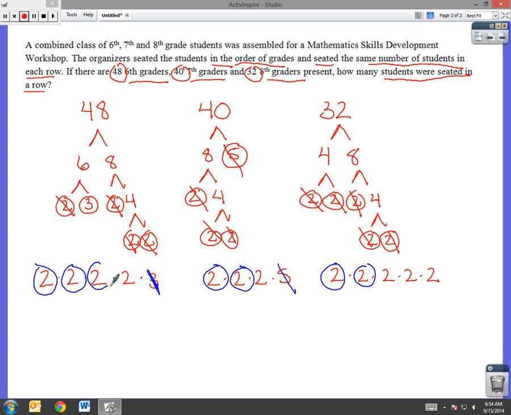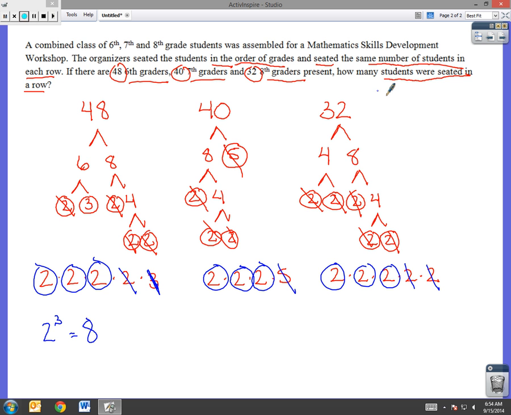Now there's a third 2 in common. Now, this one has a 4th one, but this one does not, it only has 3. So this one has a 4th one, but not all of them. So the most factors of 2 that they all have in common are 3. Now, 2 to the 3rd is equal to 8.